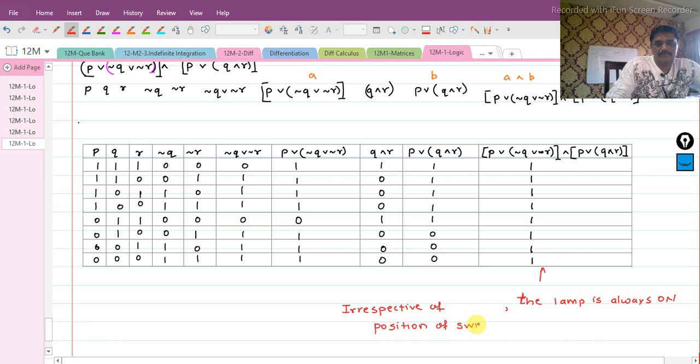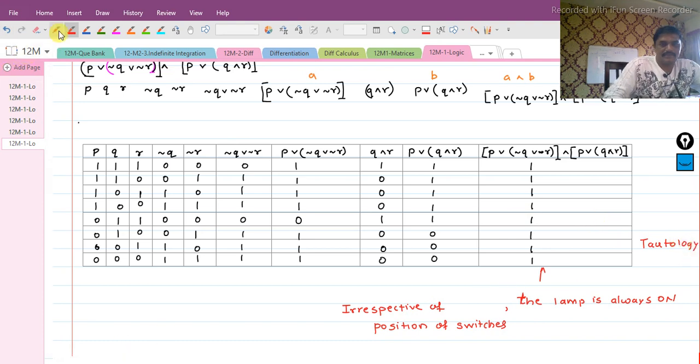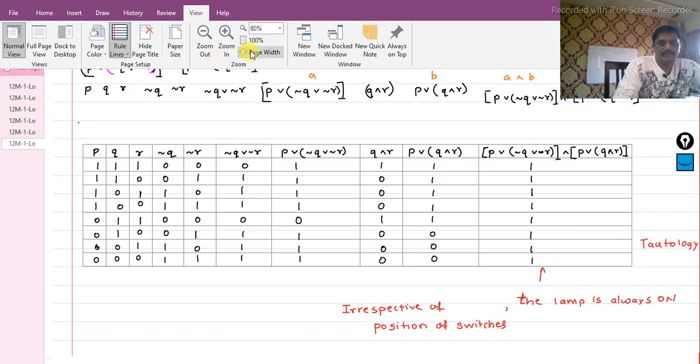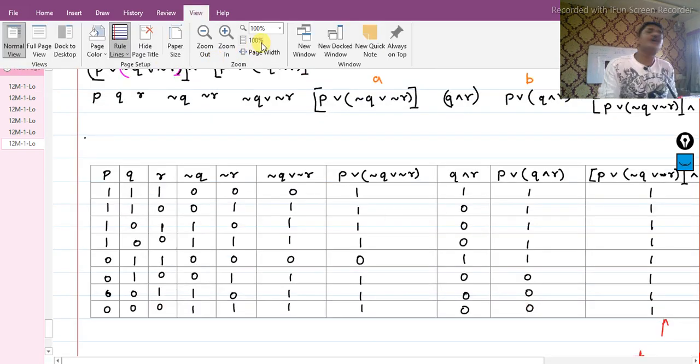We also call this a tautology. Is this clear to you all? Is this okay? Am I clear to you all?